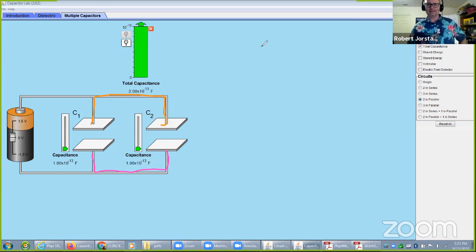If you did that, it would look like this plate right next to this plate, and it would have twice the area. So when capacitors are put in parallel, you're effectively doubling the area while the distance is the same. Notice we double the capacitance, because the area appears on top.